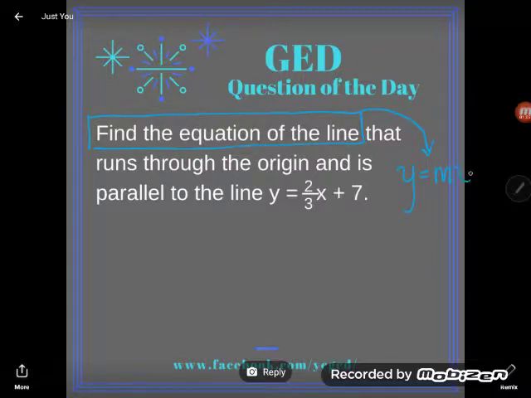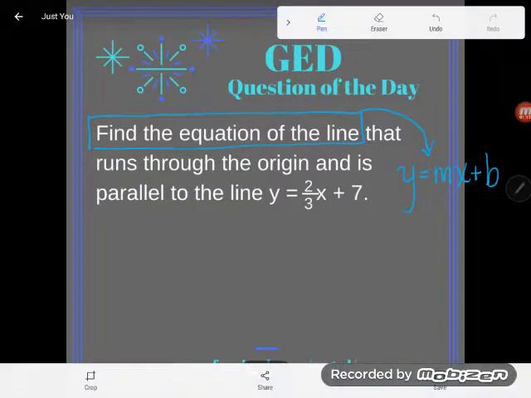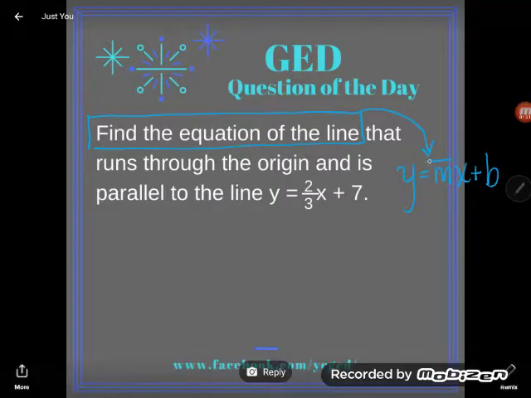These equations are on your GED formula sheet. You don't have to have them memorized, but you do have to know how to use them. The most common equation of a line form that we use is what's known as the slope-intercept form, y equals mx plus b. Right now, where it's all letters, this is the generic form of any line. In order to turn it into a specific line, you have to turn m and b into specific numbers.